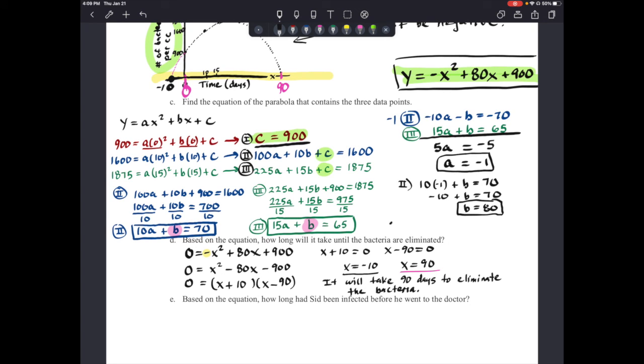So Sid had been infected for 10 days before he went to the doctor. And now he's all better.